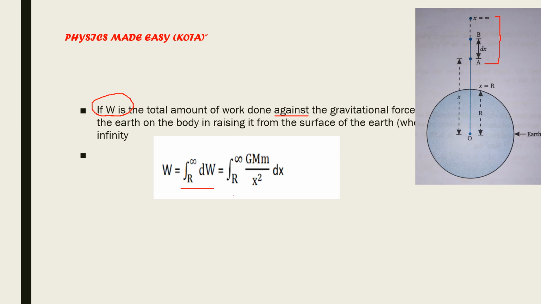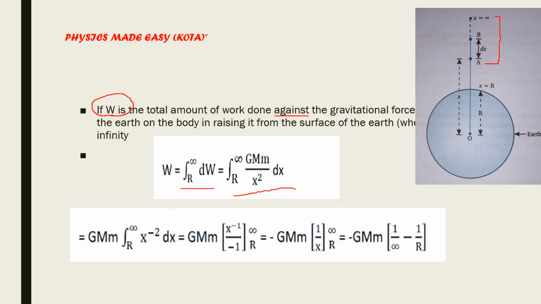Put the value of dW, and after that solve the integral. After solving the integral, we get the value minus G M m into 1 upon infinity minus 1 upon R.